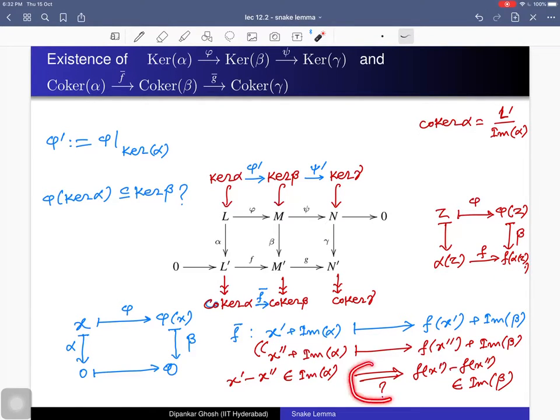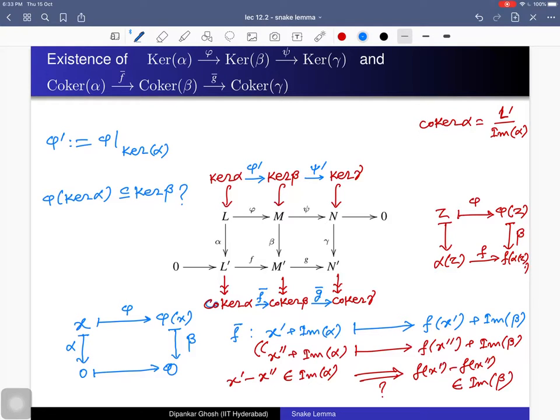So we have this implication, and therefore this map is well defined. And in a similar way we can have a map from co-kernel beta to co-kernel gamma, that is induced by G, we denote it by G bar.